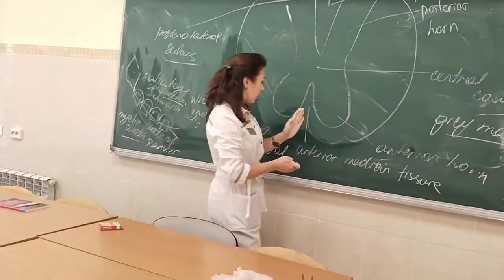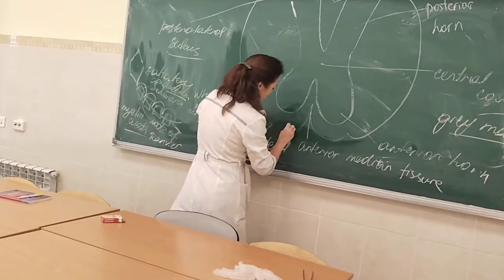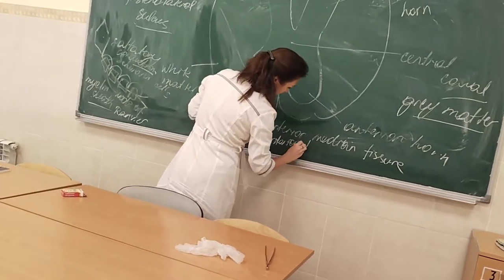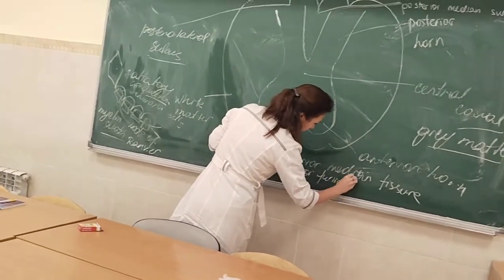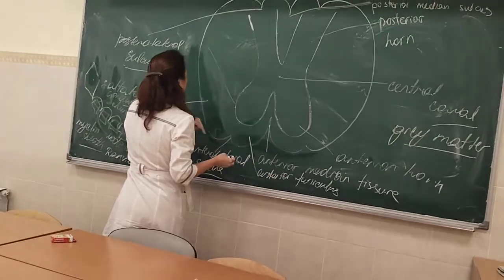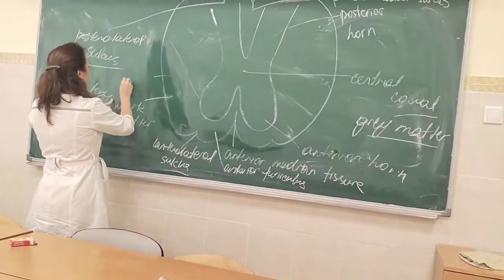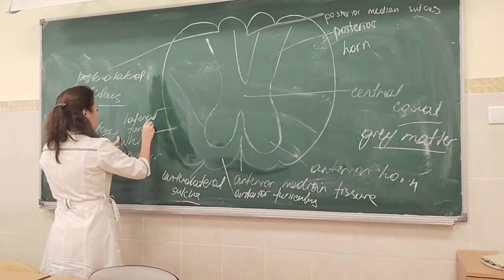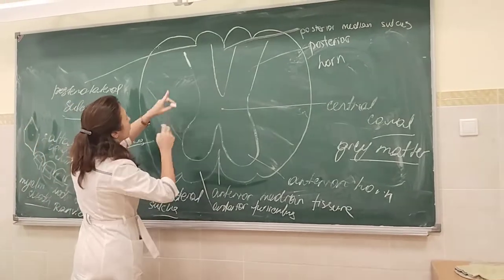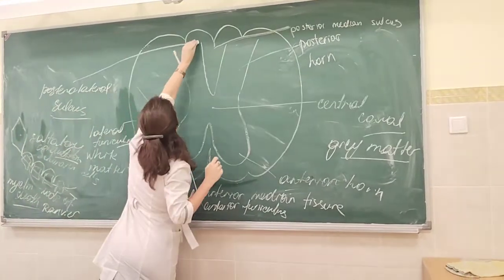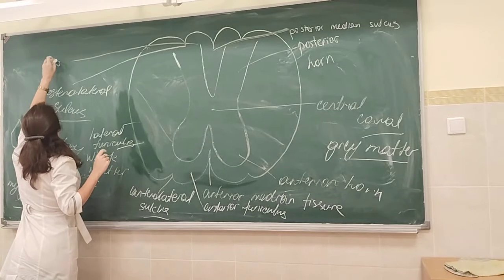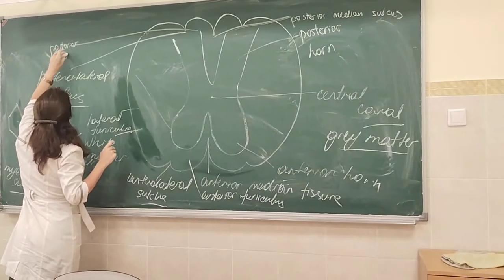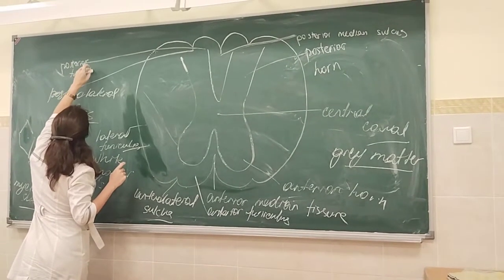So between the anterior median fissure and anterolateral sulcus, there is the anterior funiculus, between anterolateral and posterolateral, there is the lateral funiculus, and between the posterior median sulcus and posterolateral sulcus, there is the posterior funiculus.